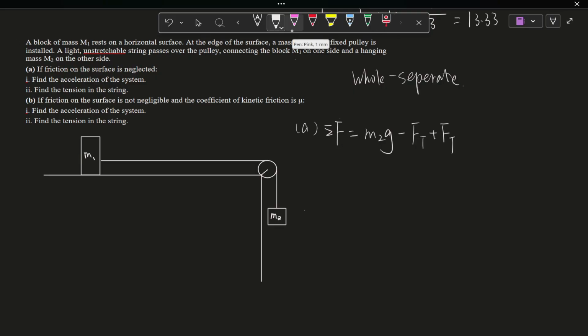So this is your net force, and it's equal to the total mass times a, which is m1 plus m2 times a. And then you can get the acceleration, a is equal to m2g over m1 plus m2. This is the first part.